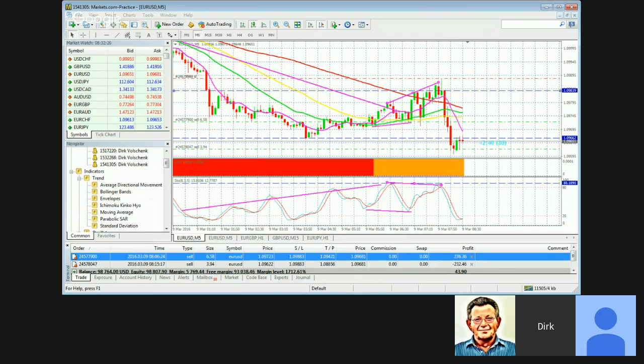It's basically a system with different types of entry requirements, maybe running with something like the Ichimoku. It's got different entry signals, different ways of running it, and so forth.